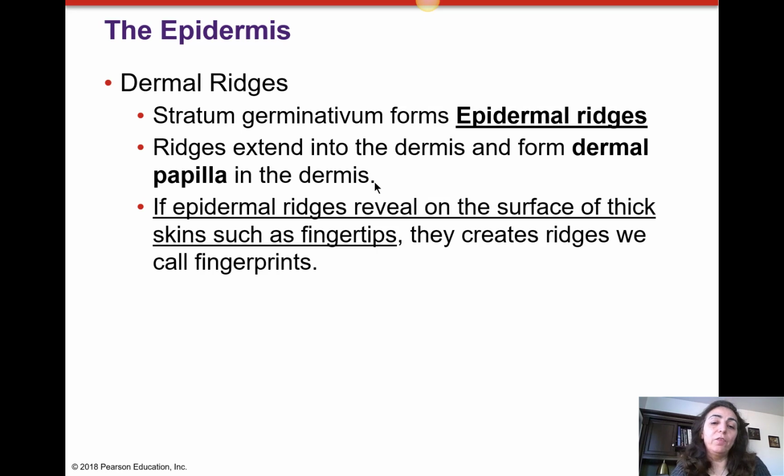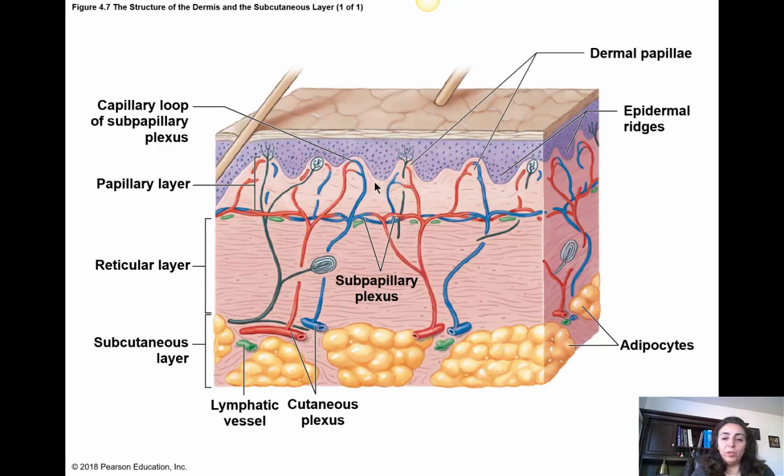If epidermal ridges reveal themselves on the surface of thick skin such as fingertips, they create ridges we call fingerprints. So let's look at how those epidermal ridges can take part in the ridges that we call fingerprints.